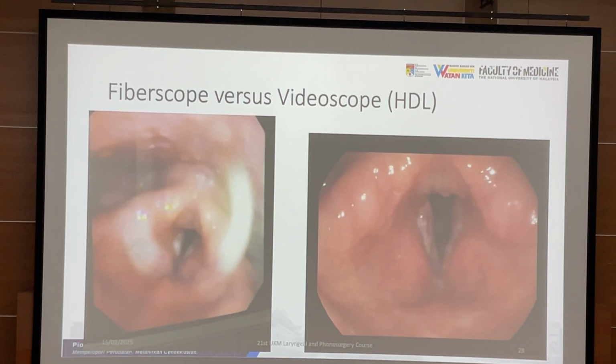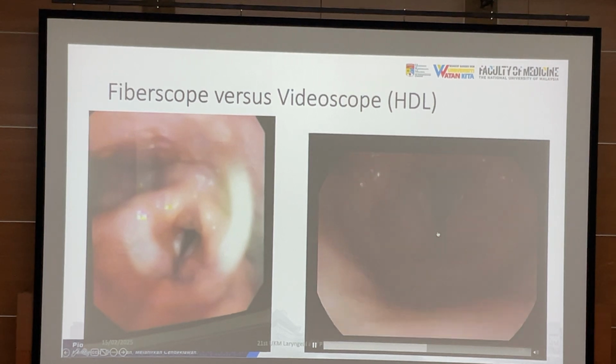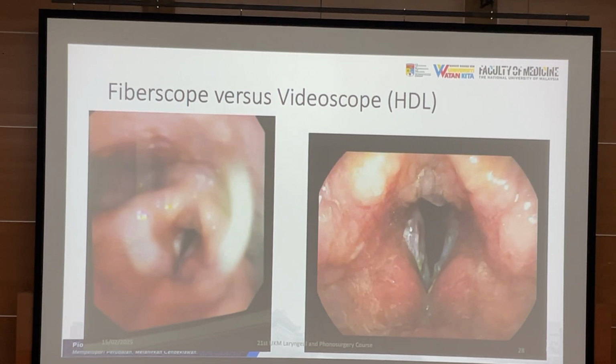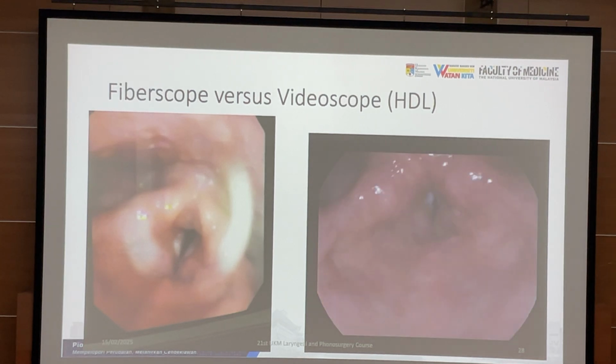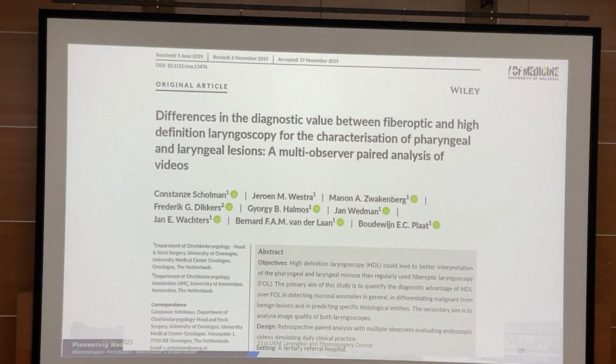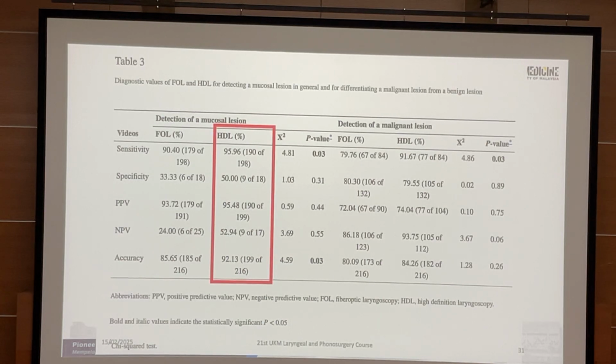It's clearer and you can clearly see that the patient has an irregular lesion of the vocal fold. And when we turn on the enhanced imaging, you can see even better, and video stroboscopy shows the patient has severe muscle tension dysphonia.